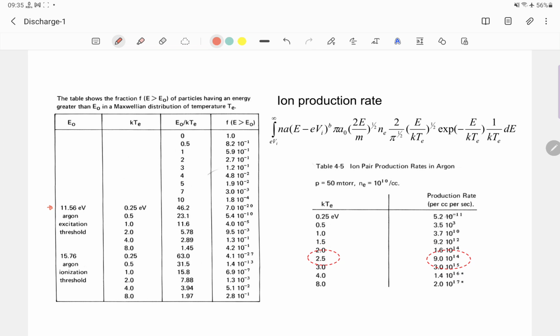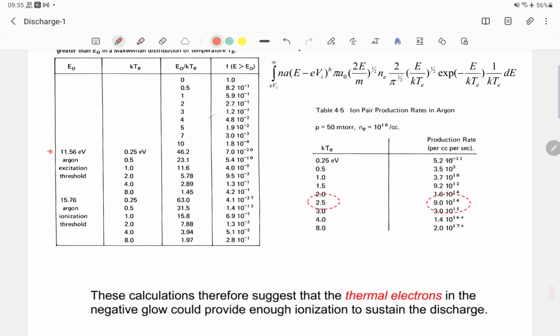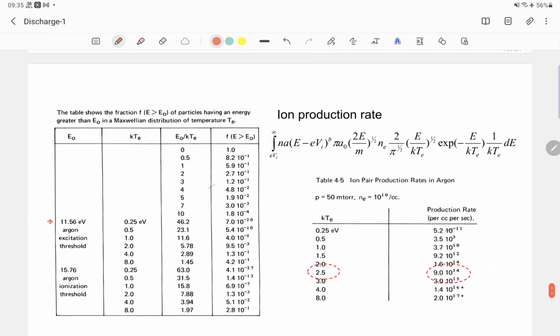And if one wants to ionize argon, one needs to supply 15.76 eV. So this is the ionization energy of argon and the excitation energy of argon. And the second column is the average energy of the thermal electron.